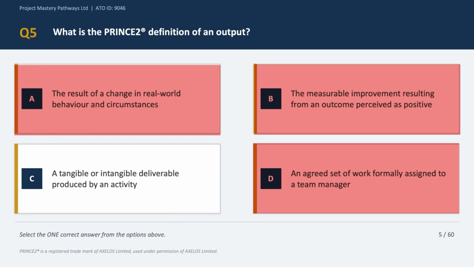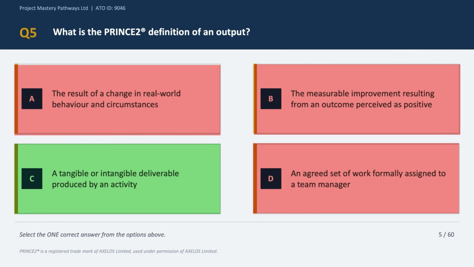So the correct answer to this question is option C, which says a tangible or intangible deliverable produced by an activity. Now this looks like a good option to me, and an output is actually what a team produces. It could be a software module, a training program, a constructed building, etc. The output exists regardless of whether anyone uses it in the end.